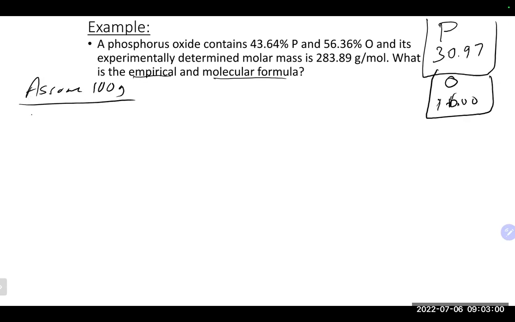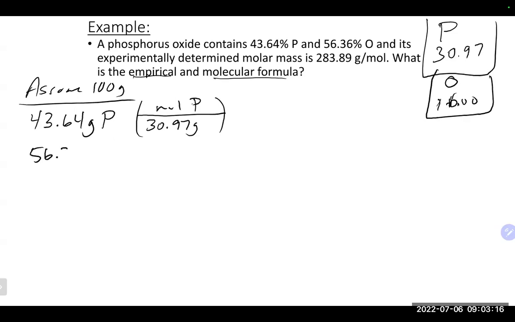So that would mean we had 43.64 grams of phosphorus, which we could convert into moles by dividing by the molar mass from the periodic table, 30.97 grams per mole. And 56.36 grams of oxygen, divided by 16, which is the molar mass of oxygen.